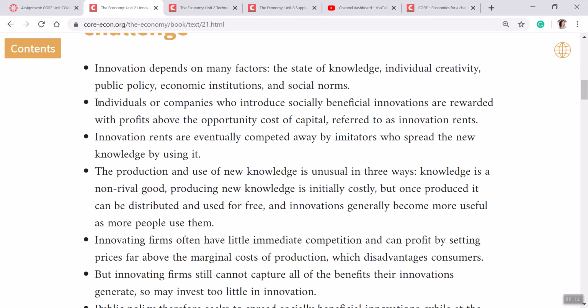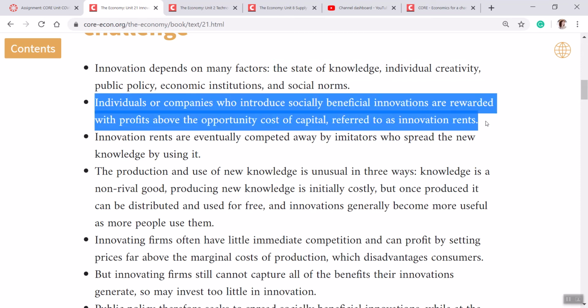Then we have: individuals or companies who introduce socially beneficial innovations are rewarded with profits above the opportunity cost of capital. And we have this word, innovation rents. Let's unpack that a little bit. The opportunity cost of capital is how much it costs for somebody to do something new.